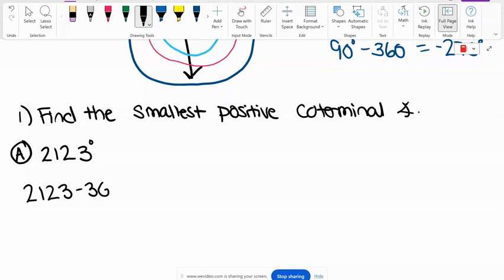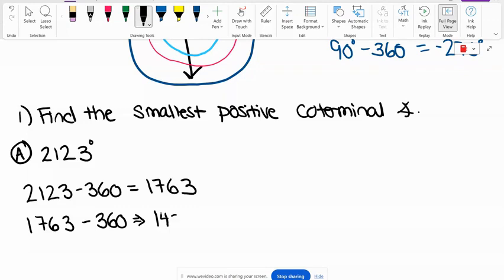2,123 minus 360 degrees. That's going to give us 1763. Do you think I could go smaller? Yeah, we could go a lot smaller. Now I'm going to take 1763 and subtract again 360. That's going to give us 1403. Now I'm going to take that 1403 and subtract 360.